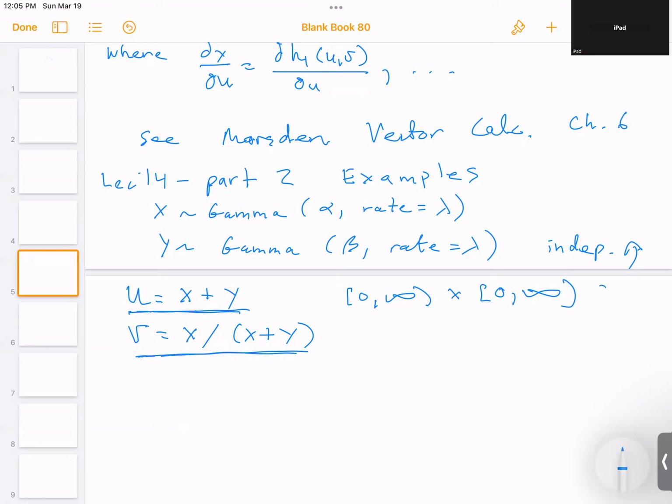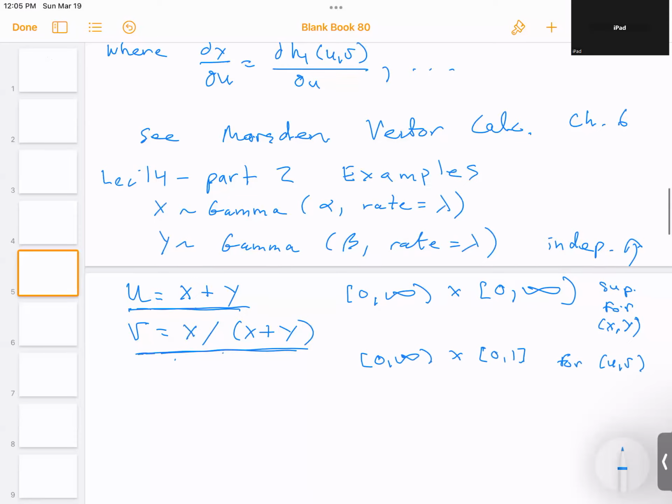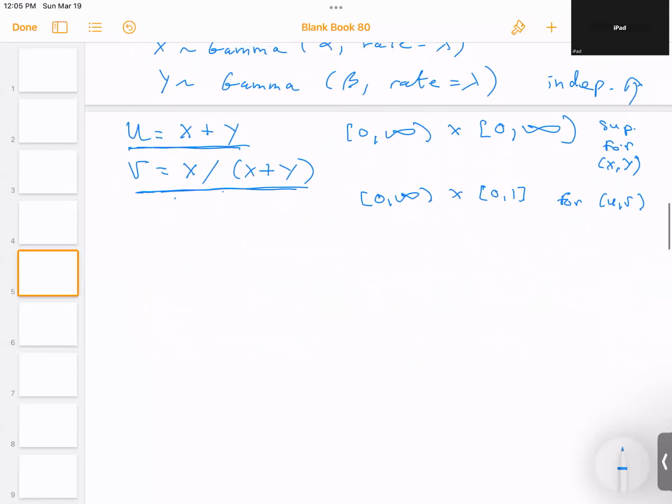This is the support for XY, or the PDF for XY. And for UV, V can't be bigger than 1, right? So for UV, it's 0 to infinity, cross 0 to 1. You can include 1 and 0 or not include them. It doesn't matter. Okay, so this is for UV. The support regions are not equal, but I believe the transformation is 1-to-1.